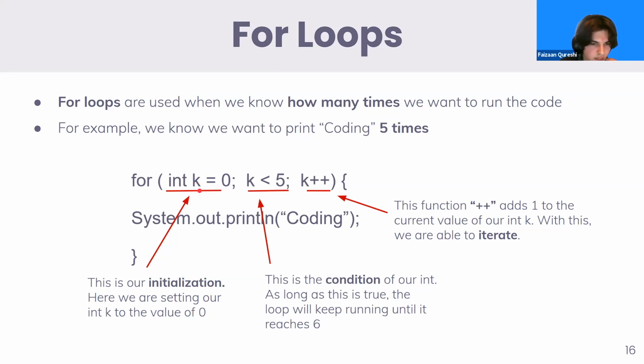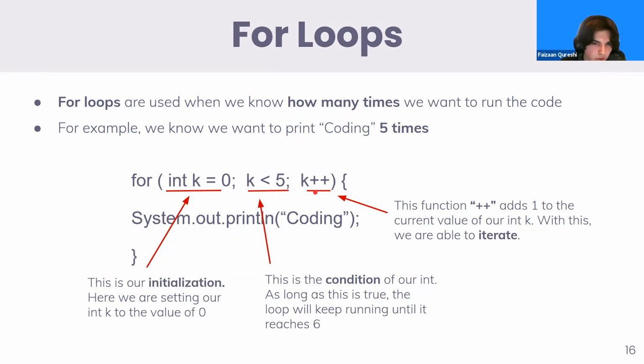The reason we set k to 0 is so that we can also use k in our condition. So int k equals 0, 0 is less than 5. And if 0 is less than 5, then the code inside of the loop is going to run. And then k++, if this statement is true, then this is going to be applied to k.